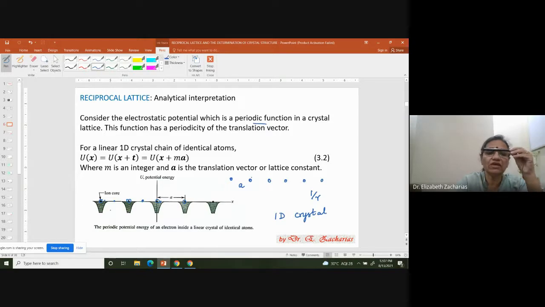That's why you're getting a series of structures like this. Have I made you understand why these pictures are drawn? The periodic potential energy pictures, what they represent?